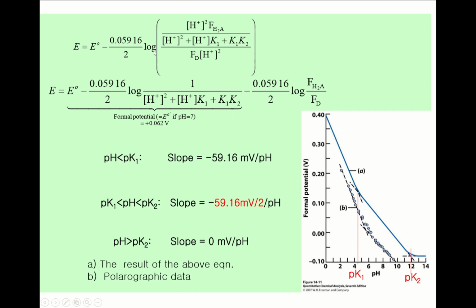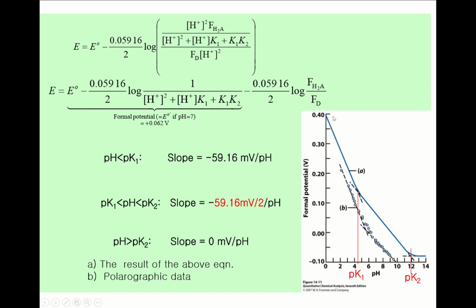And now you can plot this formal potential versus pH. Okay, you change the pH. In other words, you change proton concentration and you plot the formal potential change. And then you will get this solid blue line.